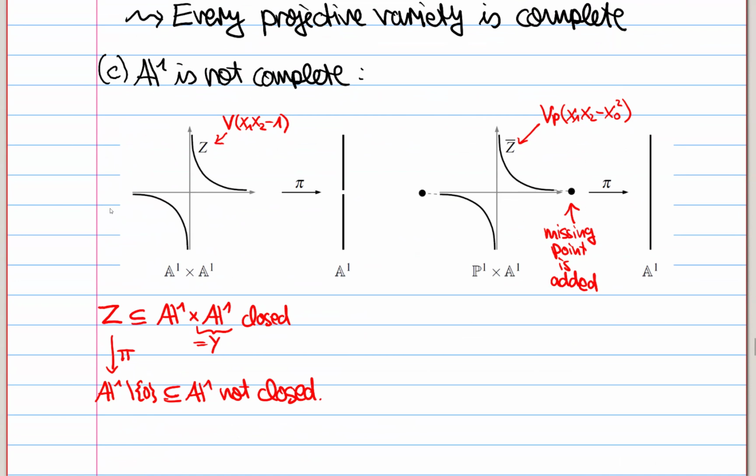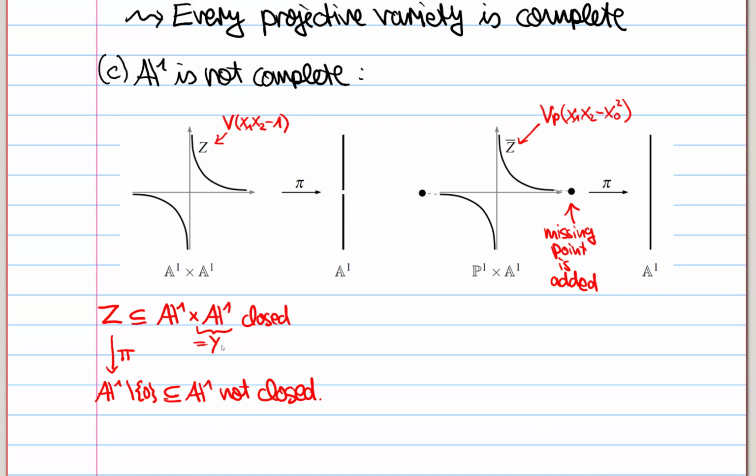So it's the standard hyperbola like this. And then if you take the image under the projection, you see you get all the points except for the origin. And so even though Z is closed in here, its image is not closed in there. And so A^1, for this choice of Y equal to A^1, doesn't have the defining property of being complete.